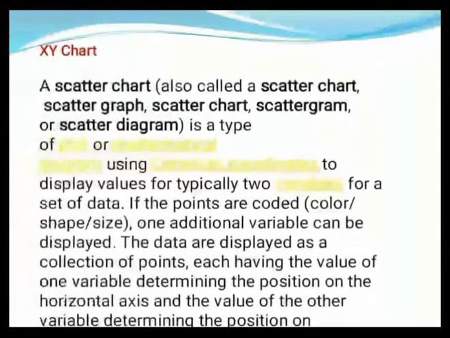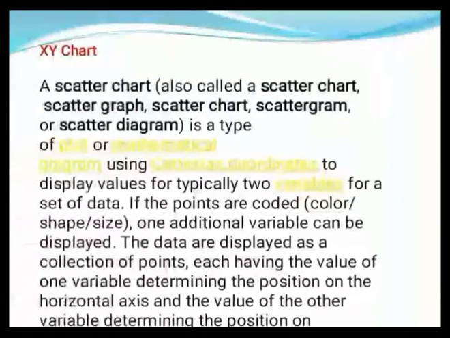Let us know about XY chart. An XY chart is also known as scatter chart or scatter graph or scatter diagram. It is a type of plot or mathematical diagram using Cartesian coordinates to display values for typically two variables for a set of data.